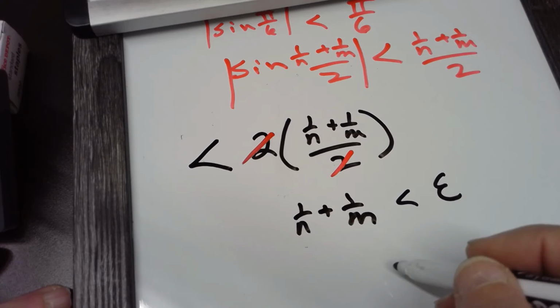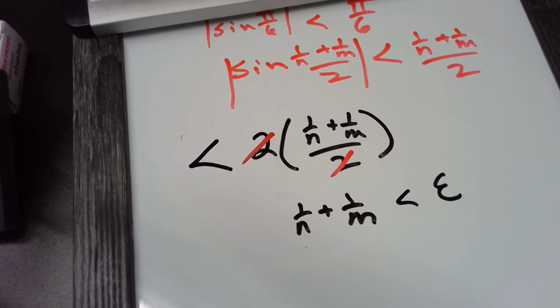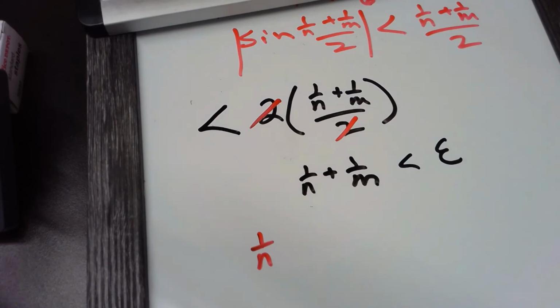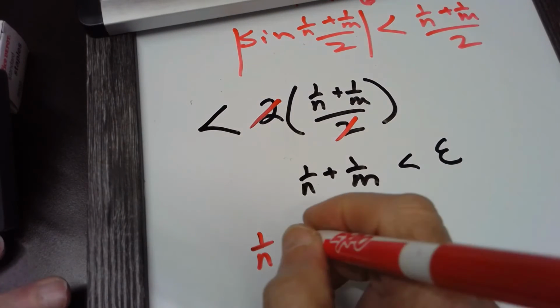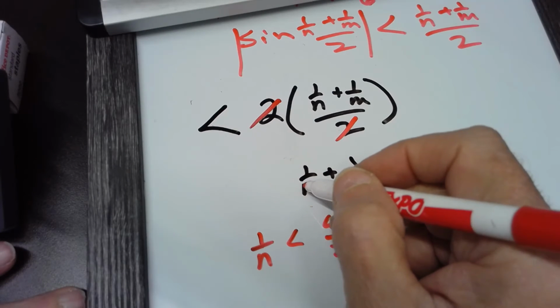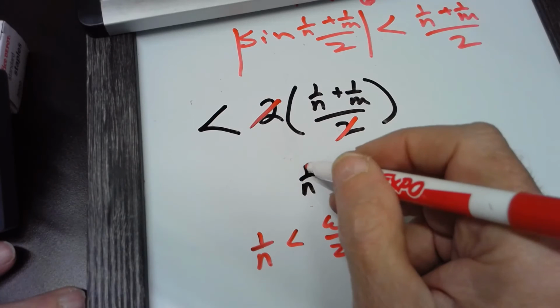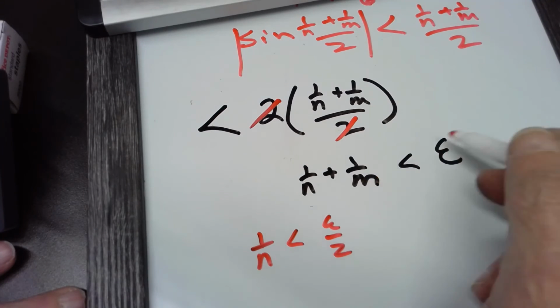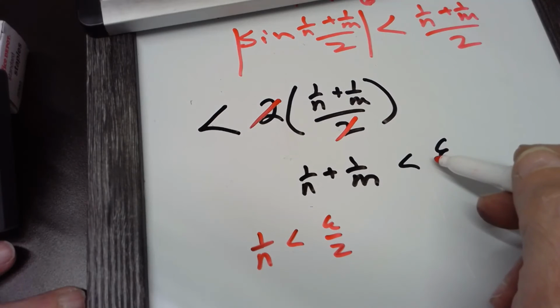If we look at each one separately, we can say that 1 over n is less than epsilon over 2. So if we make each one less than epsilon over 2, the sum would be less than epsilon.